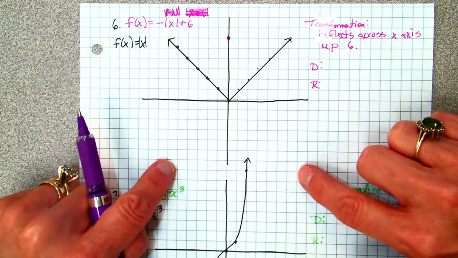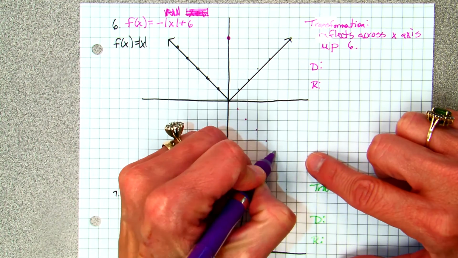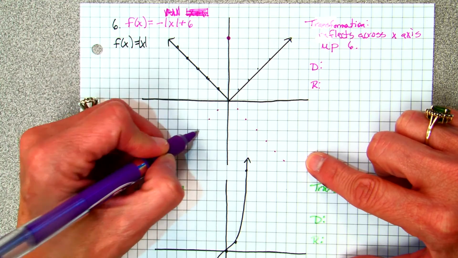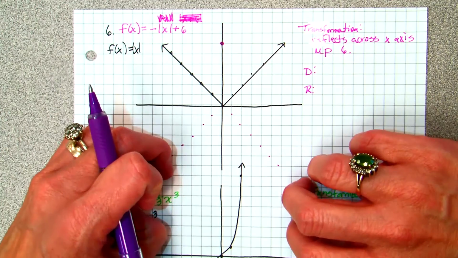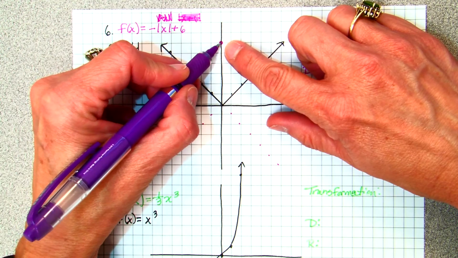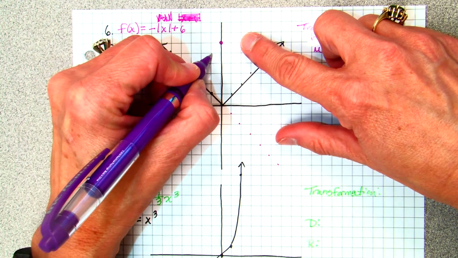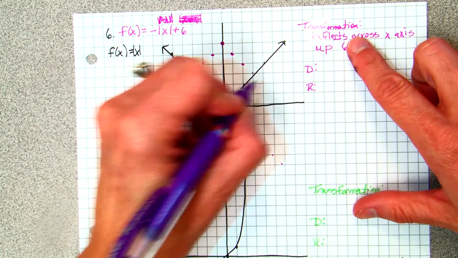The absolute value graph is here normally, so this is it turned upside down, and then this shifts up 6. So I've turned it upside down, and now I'm going to shift it up 6. So there's my vertex. And instead of going out 1, up 1, I'm going to go out 1 and down 1 on either side. So that is my transformation.